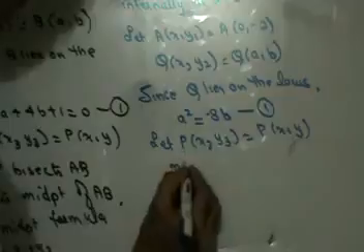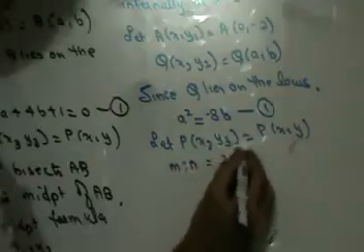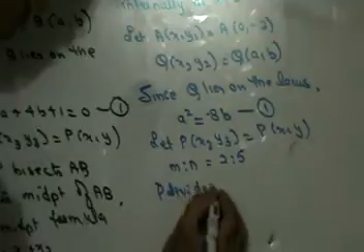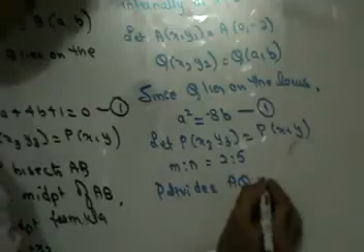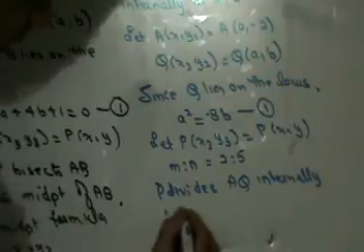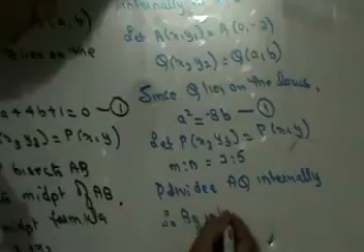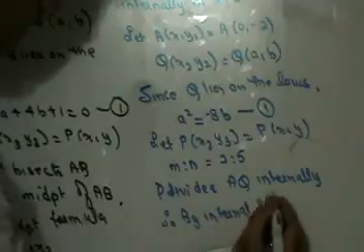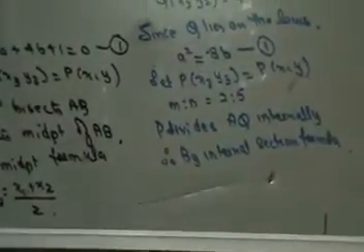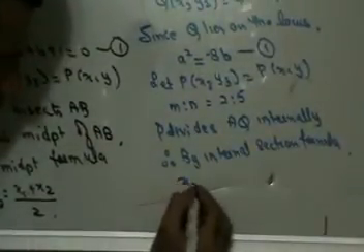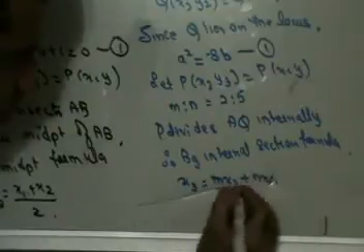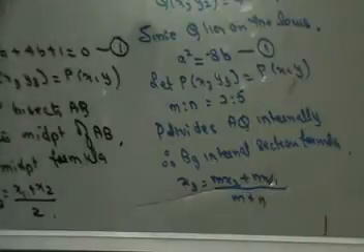Now, m is to n, the ratio is given to you as 2:5. Now, P divides AQ internally. Therefore, by internal section formula, x3 is (mx2 plus nx1) upon (m plus n), right?